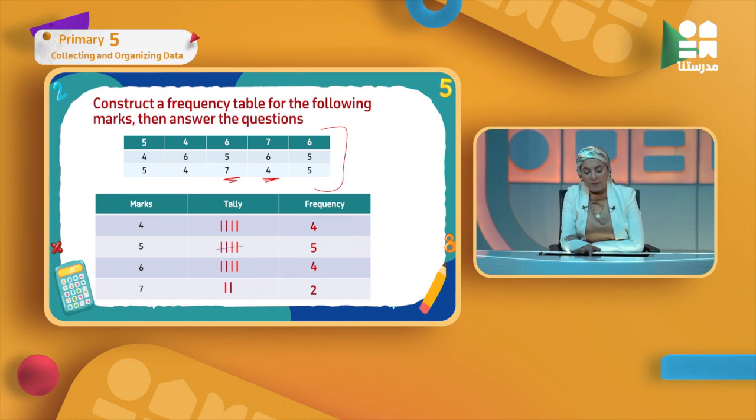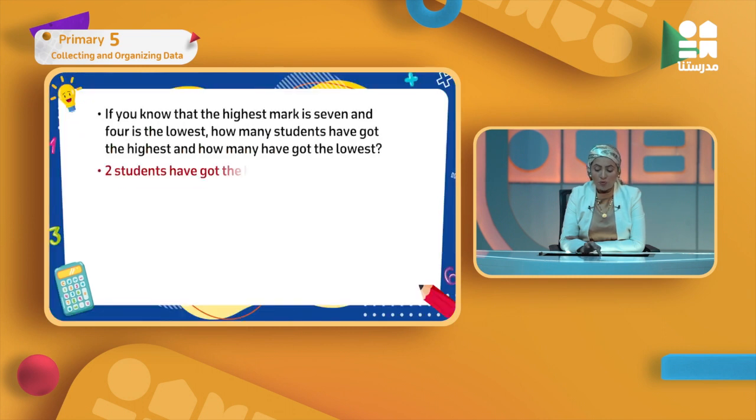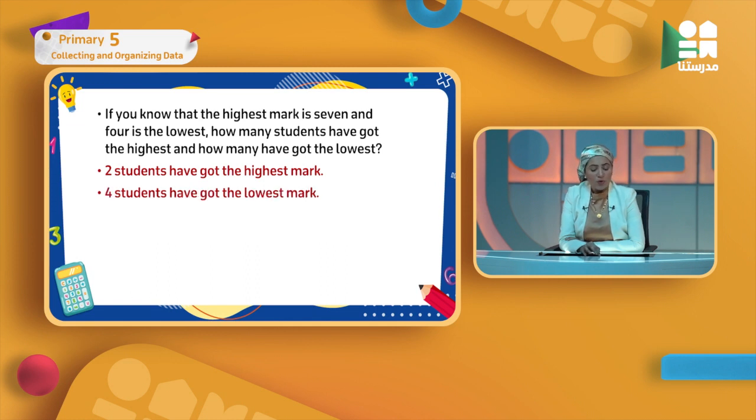From the frequency column, 2 students have got the highest mark. Now, how many students have got the lowest mark? As you see here, 4 students have got the lowest mark. So I go to my question and answer it: 2 students have got the highest mark and 4 students have got the lowest mark.